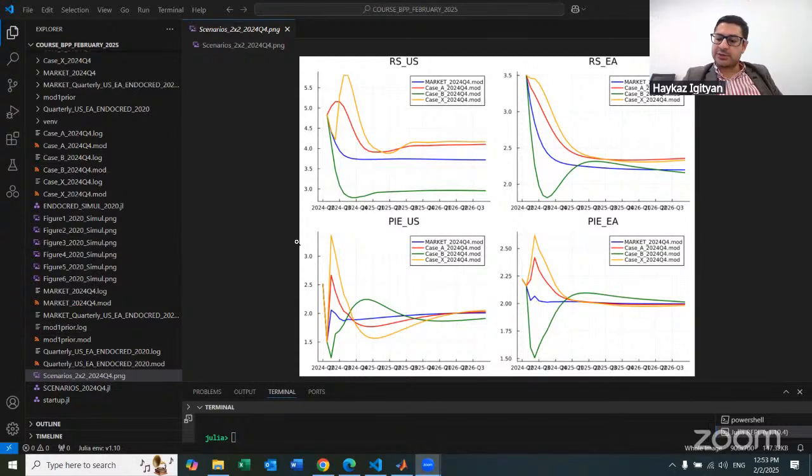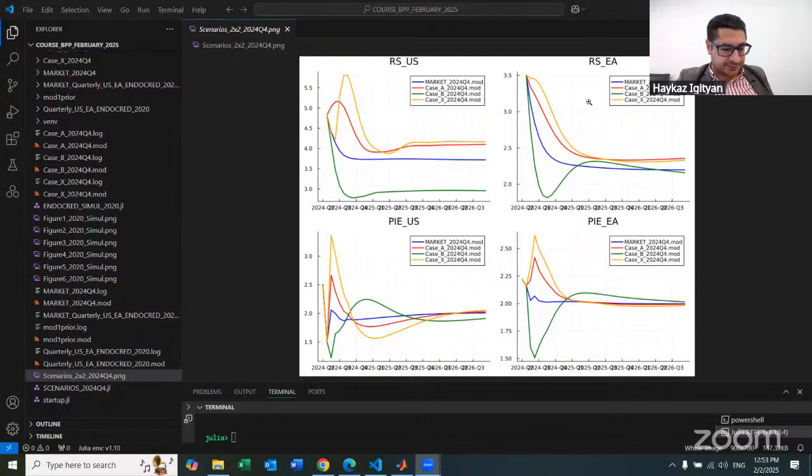All the main assumptions of case A and case B are for US and Euro area effects through the spillovers of the stories happening in the US, and you can see that in case X, the ECB has a higher path of the interest rate.